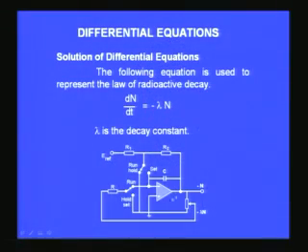I have an integrating circuit here, so I connect the rate dN by dt here, and then after integration it becomes minus N with a proportionality constant which comes about because of the RC time constant. We have already seen that, the product of RC, as well as some initial voltage on the capacitor which can be adjusted using a reference voltage E reference, using this R1 R2 potential divider.